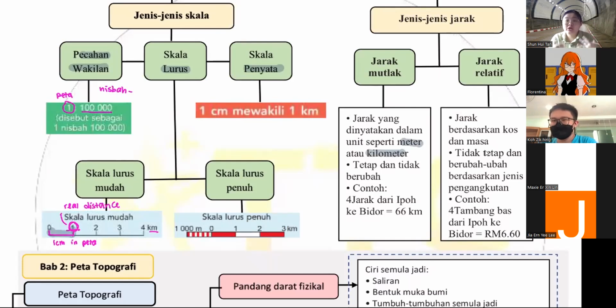Jarak relatif is the more flexible one. We use cost, like money, or time. Let's say I tell you from my house to Kota Kemuning is 40 minutes, for example. This is jarak relatif. Now, this is your chapter 1.